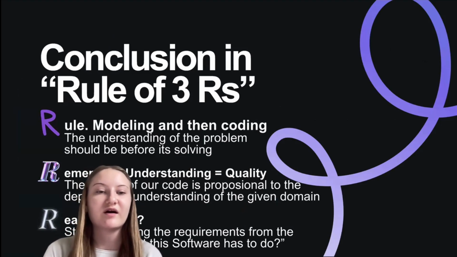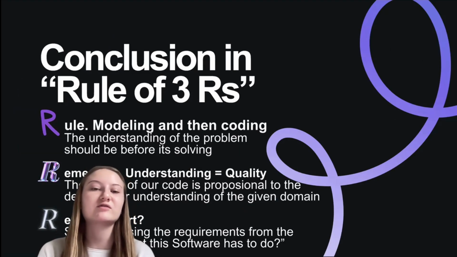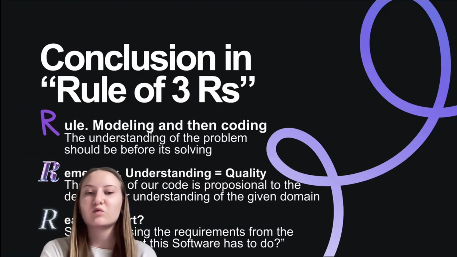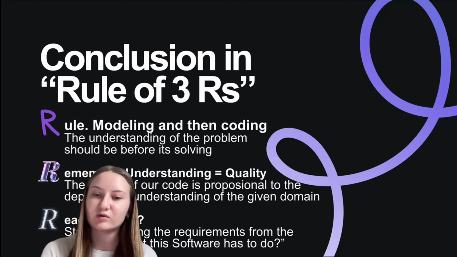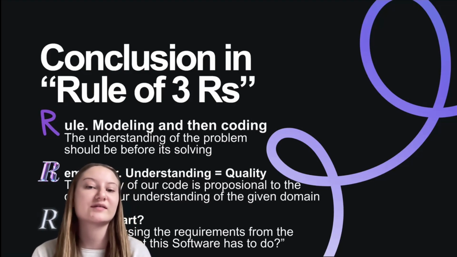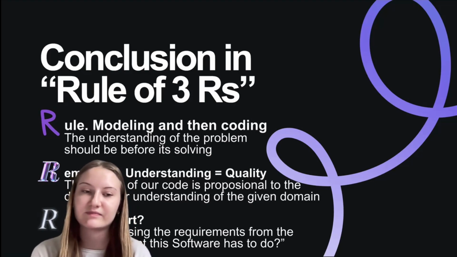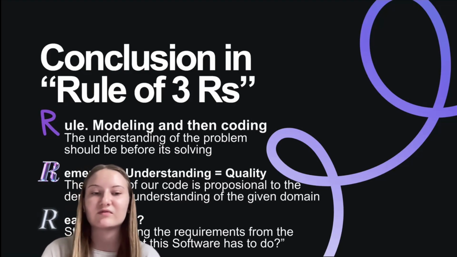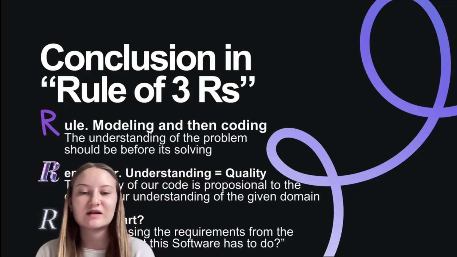The second R is remember. We have to remember that understanding equals quality, because the quality of our code is proportional to the depth of our understanding of the given domain. And the last R is: if you are ready to start, you should start by discussing the requirements from the question of what this software has to do.